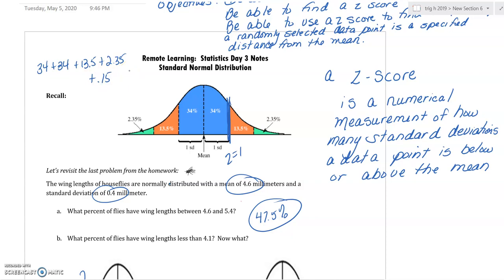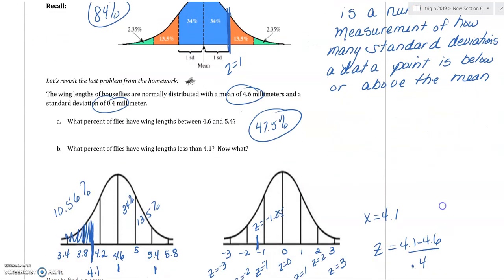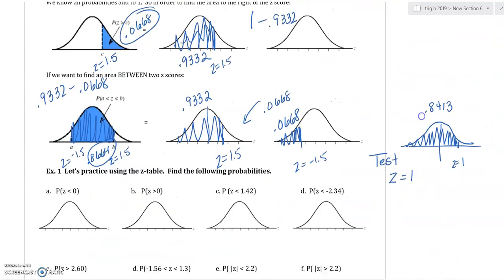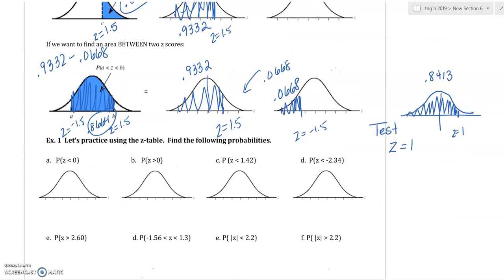So you end up with 84%. So if we go back here, we realize that that table gave us 84.13%. So again, there's a little bit of rounding going on, and this is not going to be exactly the same, but that's pretty darn close, 84.13, 84%.